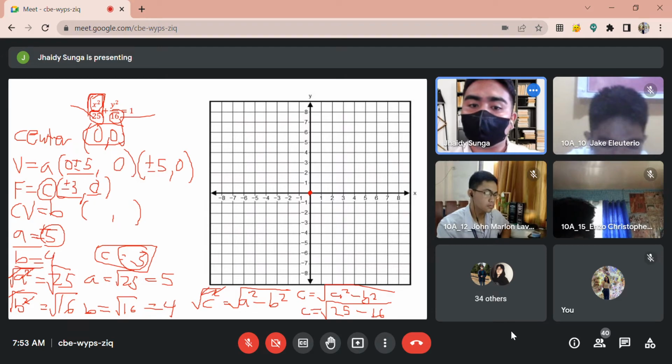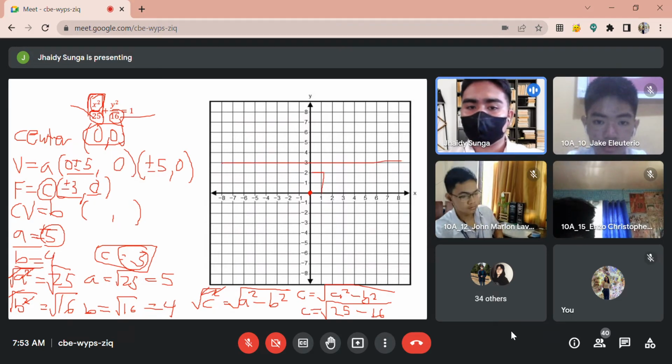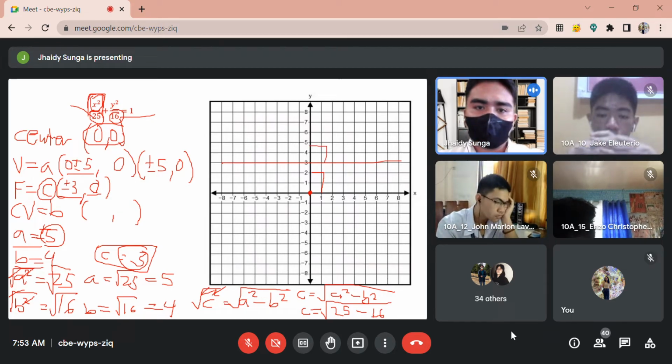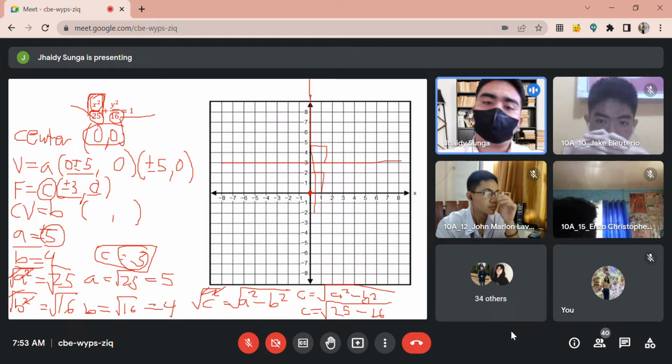Perpendicular creates 90 degrees. So your minor axis is vertical or horizontal, depending on whether your major axis is x or y. If your major axis is x, therefore your co-vertices are at the y-intercept.